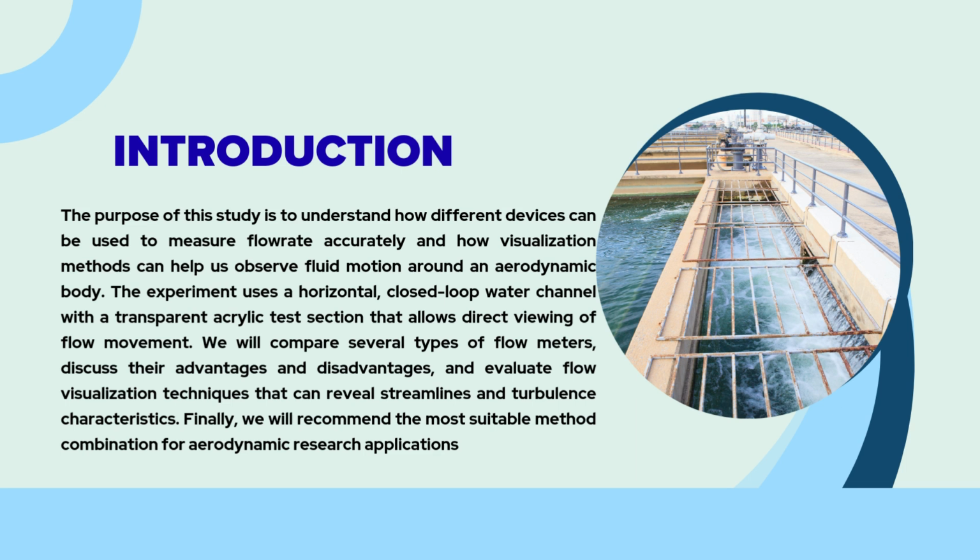We will compare several types of flow meters, discuss their advantages and disadvantages, and evaluate flow visualization techniques that can reveal streamlines and turbulent characteristics. Finally, we will recommend the most suitable method combination for aerodynamic research application.